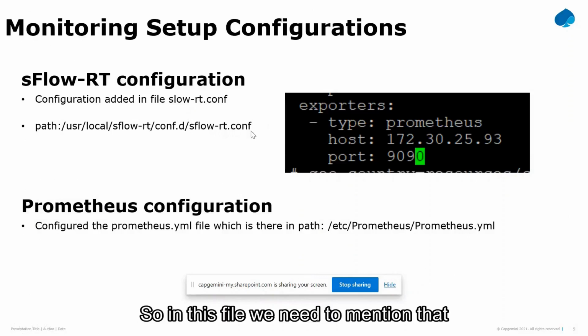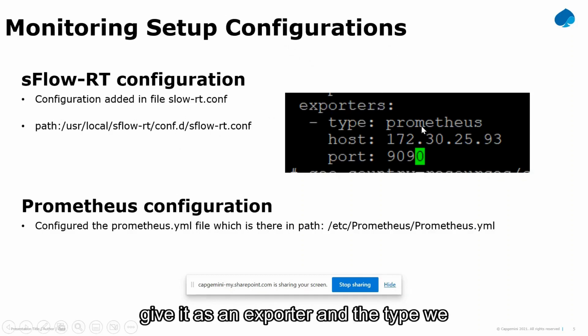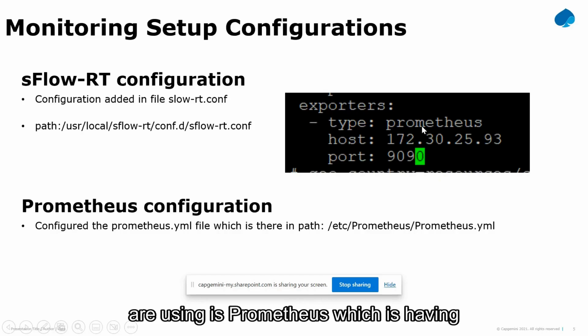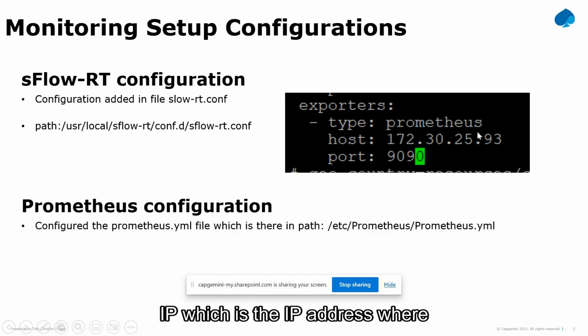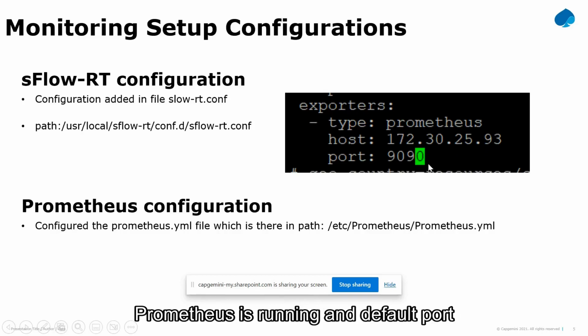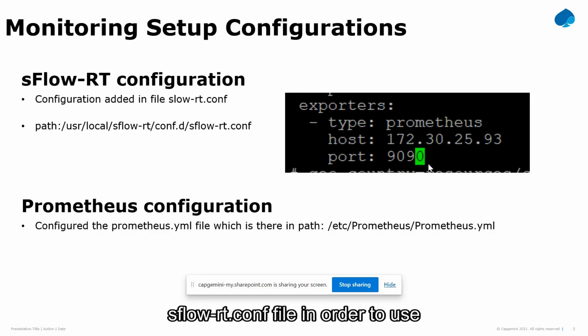In this file we need to mention that we are using Prometheus. In order to add that, we have to give it as an exporter, and the type we are using is Prometheus, with the host IP being the IP address where Prometheus is running, and the default port. This configuration needs to be added in the sflow.conf file in order to use Prometheus.